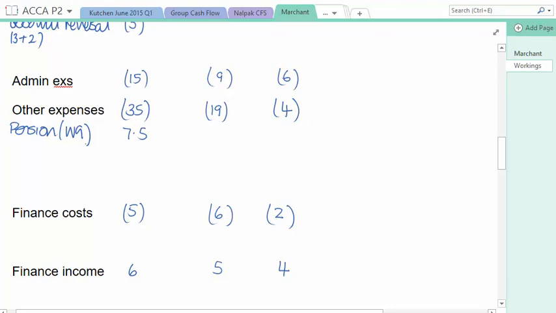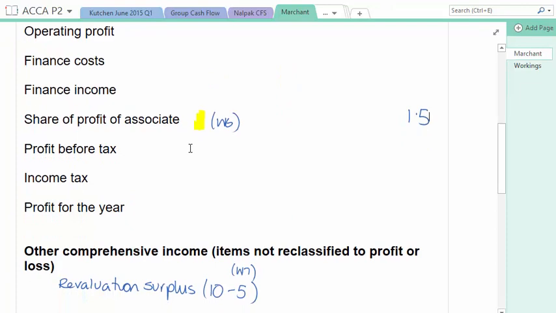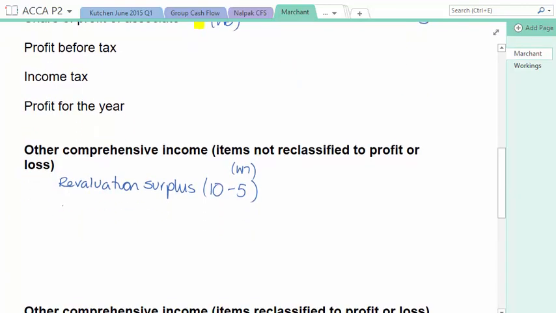So it says the pension costs have not been accounted for in total comprehensive income. So we've put the pension cost there of 7.5, and what I'm also going to do is go to other comprehensive income. We've got our revaluation surplus, and we've got our pension remeasurement cost, and we've established that that was 2 million.